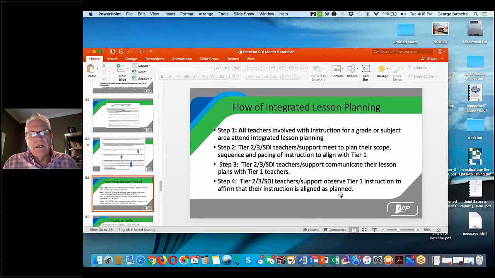During that meeting, the general education folks are going to identify the learning goals for the month and their approaches to teaching that and the pacing. Tier 2, Tier 3, specially designed teachers and support folks listen to that. They need that information to inform their scope, sequence, and pacing of instruction that's aligned with Tier 1.